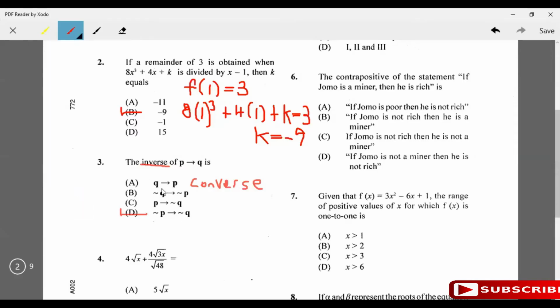All right, not Q implies not P. This is the contrapositive. And this one is the inverse. Option C, we don't know what that is.